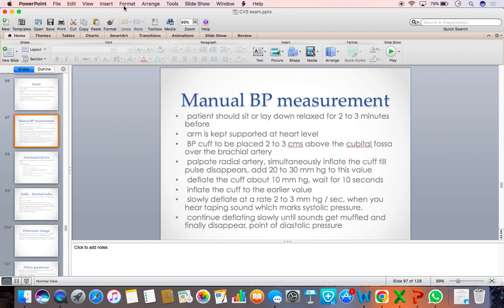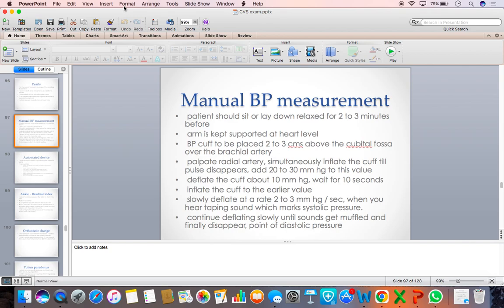Palpate the radial artery and simultaneously inflate the cuff till the pulse disappears. Right? Then add a little more. Go ahead, 20 to 30 mm Hg, raise the pressure in the cuff.